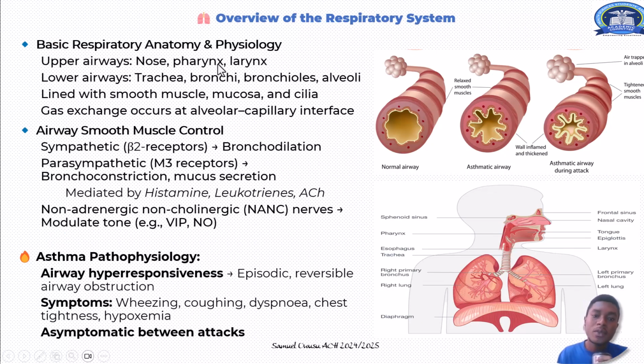Now, we know that the respiratory system is made up of two parts. We have the upper respiratory system and the lower respiratory system. The upper respiratory system is made up of the nose, so from the nose past your nostrils. Then we have your pharynx. There are different divisions of the pharynx. Then it continues down into the larynx, which is our voice box, and that is the upper respiratory system.